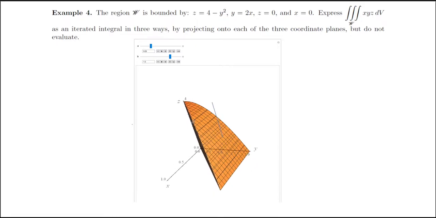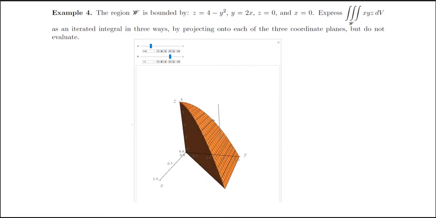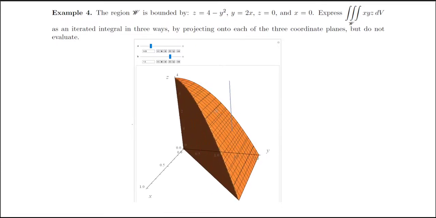Now we can think about what happens if we move this line. We could increase the x value, and eventually it will leave the region. We can do the same thing with the y values.